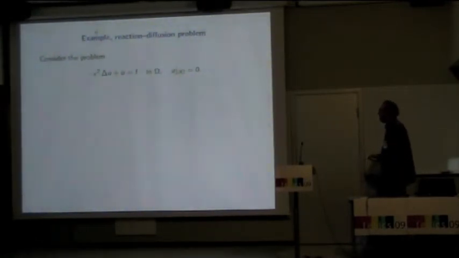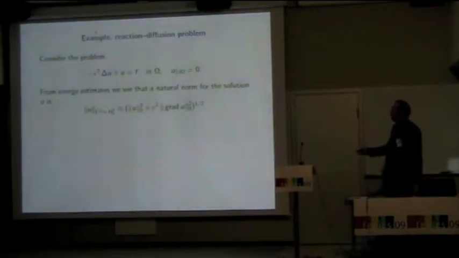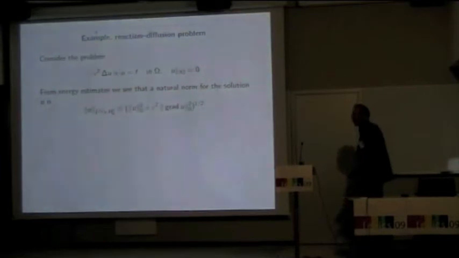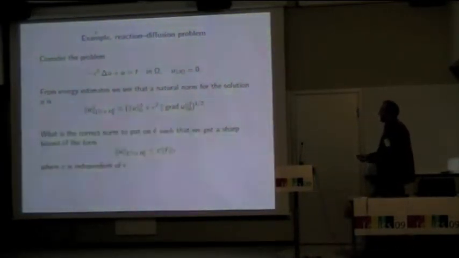So this is the idea. From this point of view, the natural function space, the natural norm here, if you do an energy estimate, is that you get epsilon times the gradient of u, and you get control over u in L2. So this is the natural norm of the space, and you can refer to this as L2 intersect epsilon H01. I'm going to come back to the general definition of these intersection spaces.